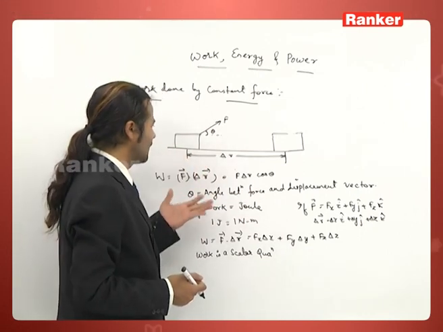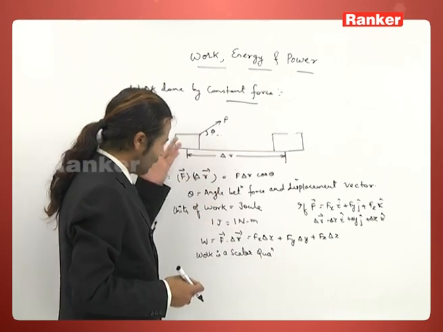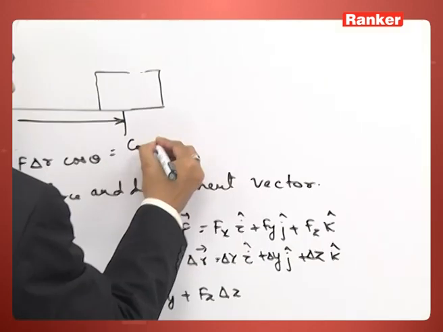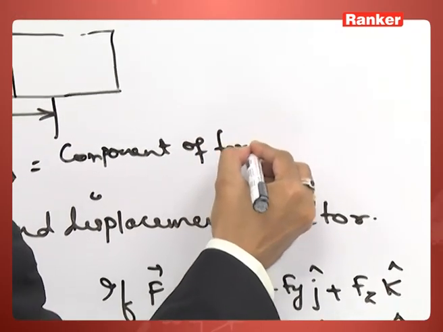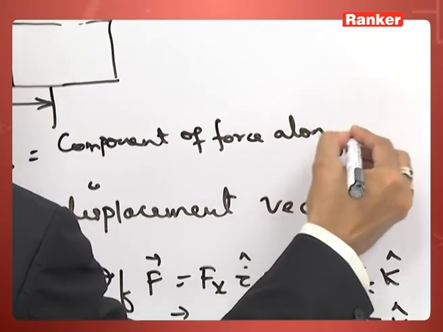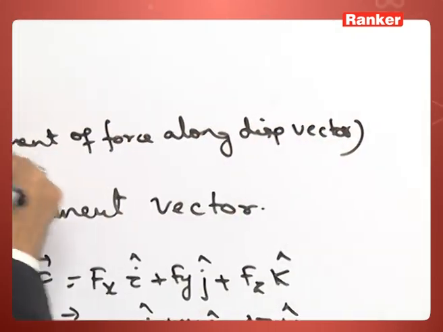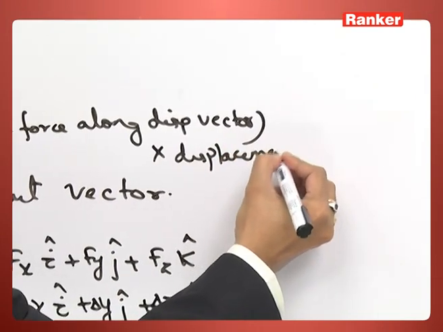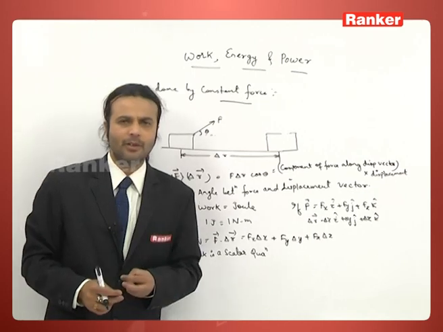If the force vector is making some angle with the displacement vector, then we have to take the component of the force along displacement vector multiplied by displacement. This is defined as the work done by constant force.